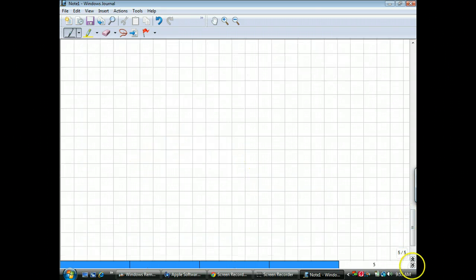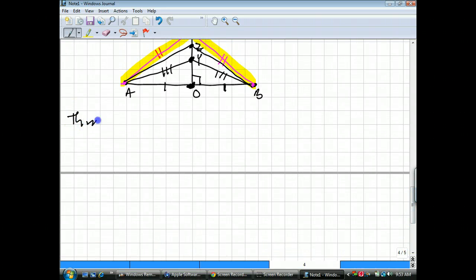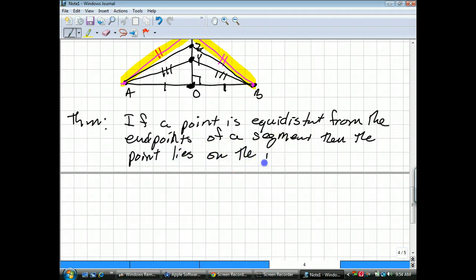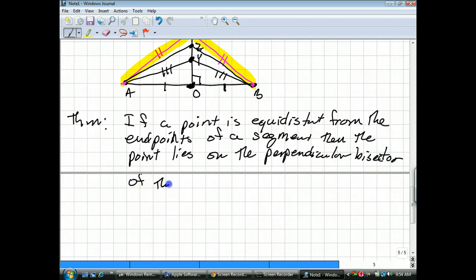Okay? The next theorem is the converse. And it says, if a point is equidistant from the endpoints of a segment, then the point lies on the perpendicular bisector of the segment.